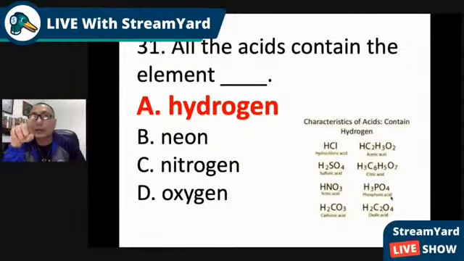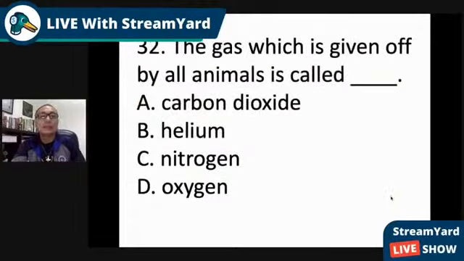I look for a compound with hydrogen, because those with no hydrogen may not be an acid. So this concept can already help you in choosing the right answer, even if you don't know what an acid is in terms of its chemical name.